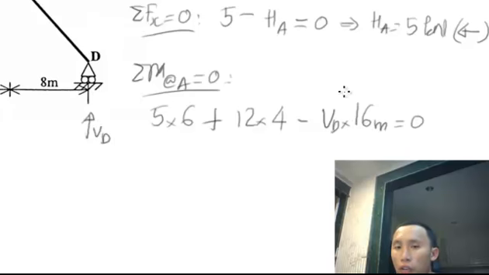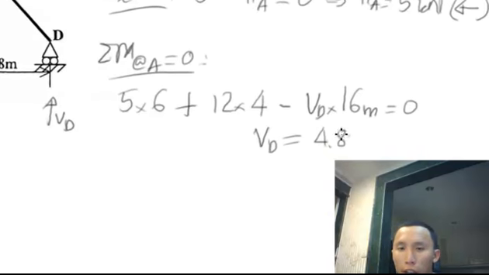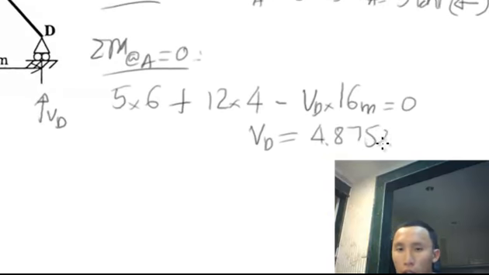So I rearrange and I find VD. VD I have here will be 4.875 kilonewton, and because this is positive, our first assumption of upward is the same.